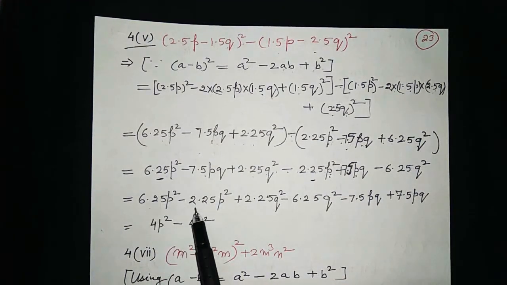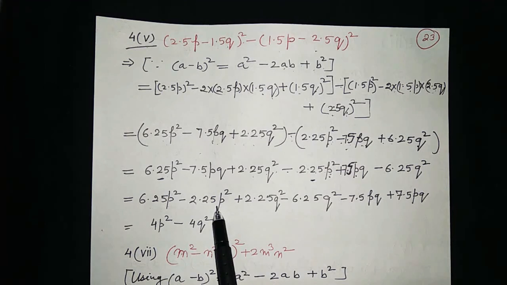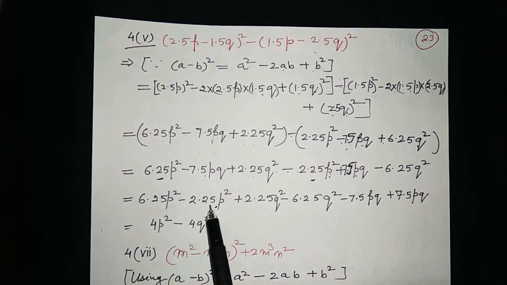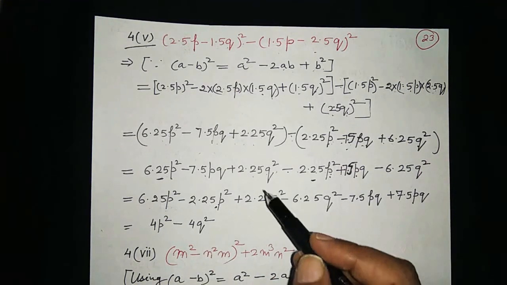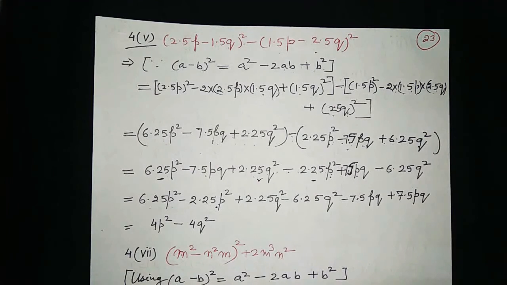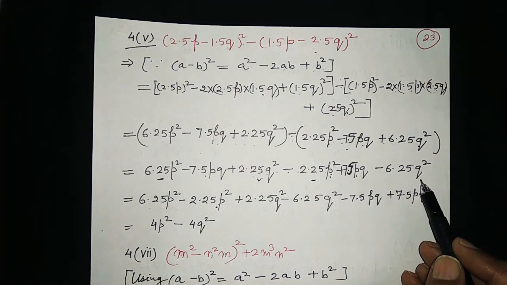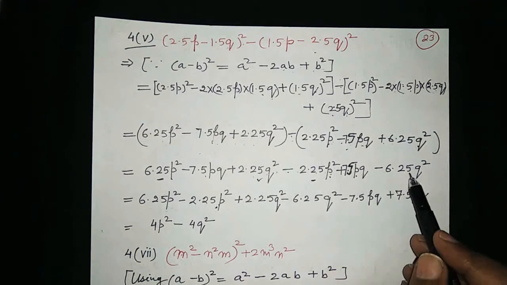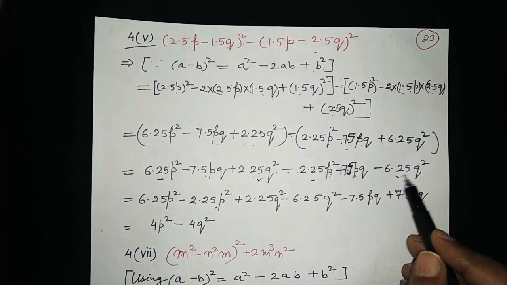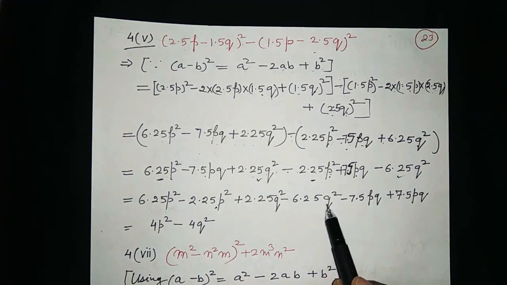So after this you will write this minus 2.25p square. Clear? P square, both are like terms. Now we will write this plus 2.25q square. And here also you can see q square. Both are like. So this minus 6.25q square you will write here.